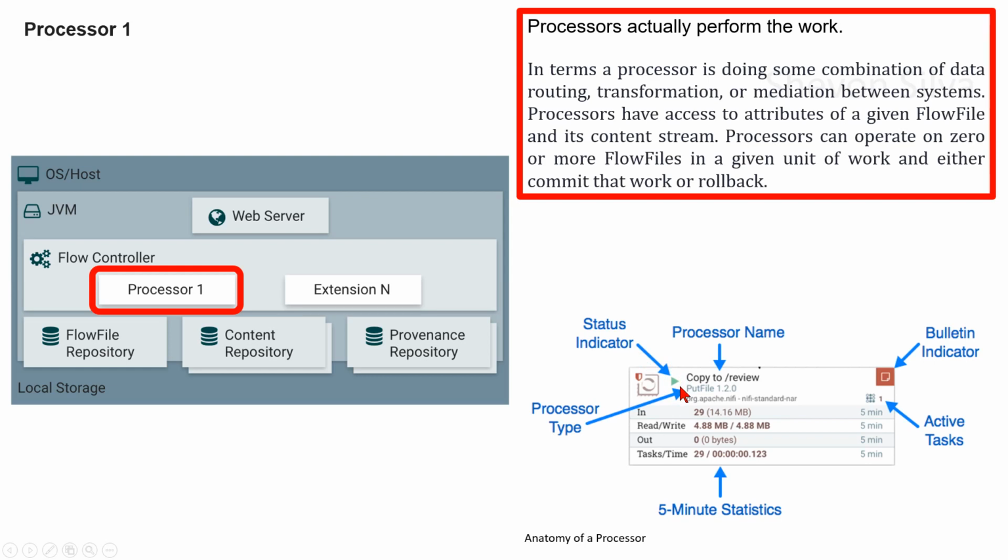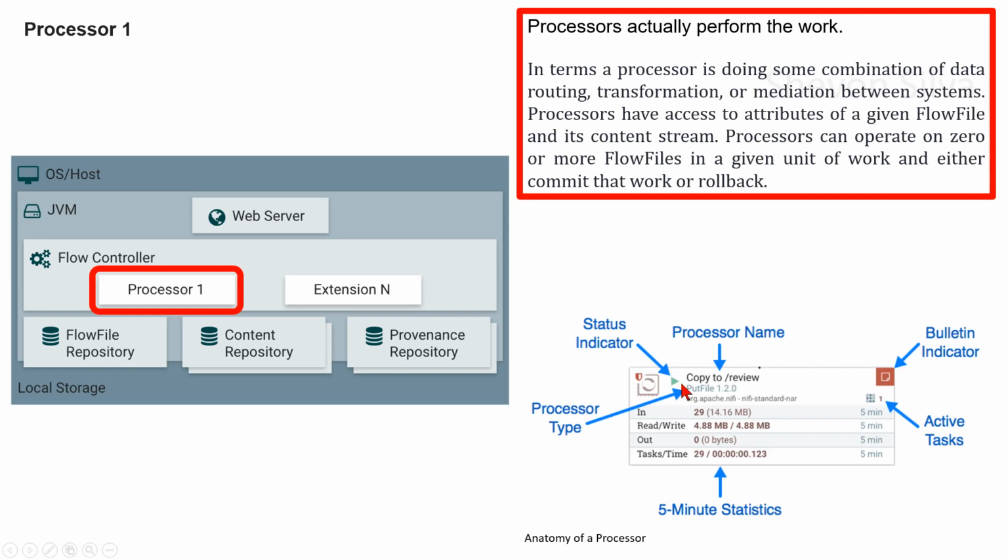Invalid: the processor is enabled but is not currently valid and cannot be started. Hovering over this icon will provide the tooltip indicating why the process is not valid. And disabled: the process is not running and cannot be started until it has been enabled. This status does not indicate whether or not the process is valid.